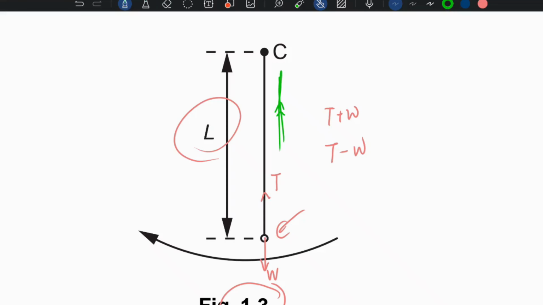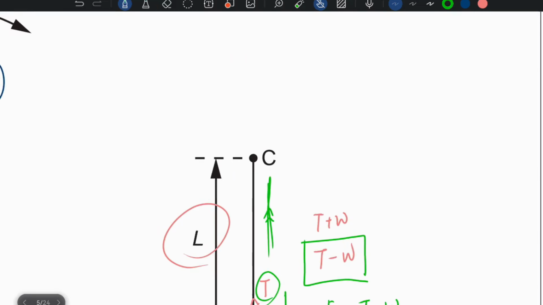So in this case, your net force is acting upwards, so your equation would be tension minus W, because when your net force is acting upwards, your tension would be greater. So centripetal force equals tension minus W.